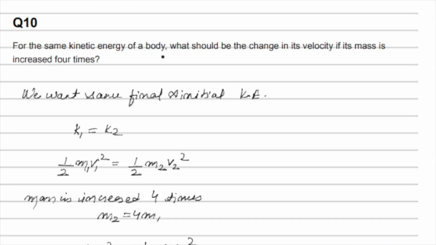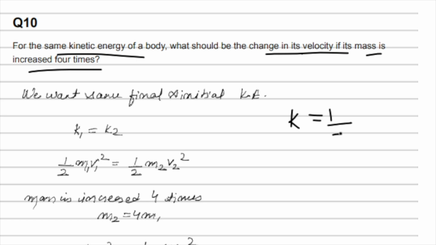For the same kinetic energy of a body, what should be the change in its velocity if its mass is increased 4 times? Same kinetic energy, we are keeping the kinetic energy constant. Again, the expression half mv square. So if we are keeping this constant, whatever changes we are doing here should be nullified by this. Then only this will be constant, right?